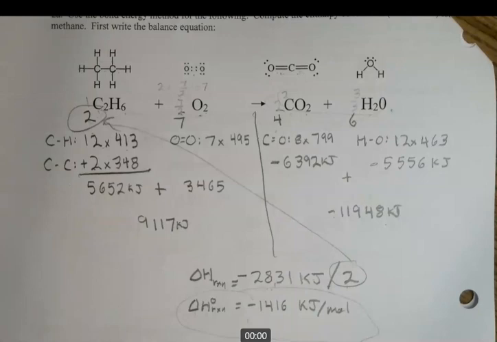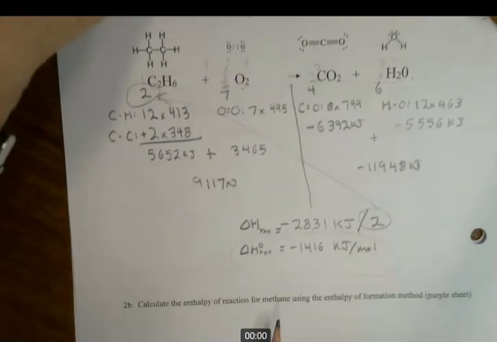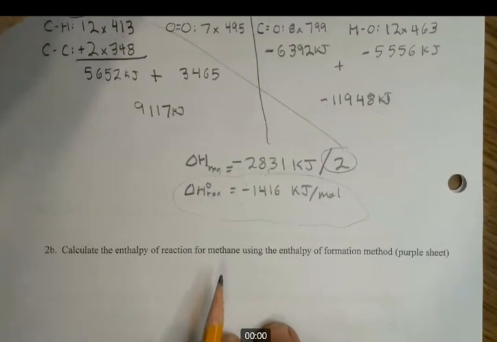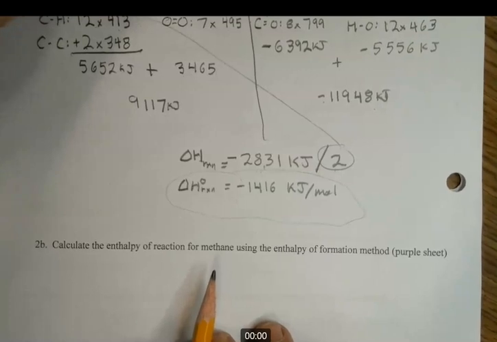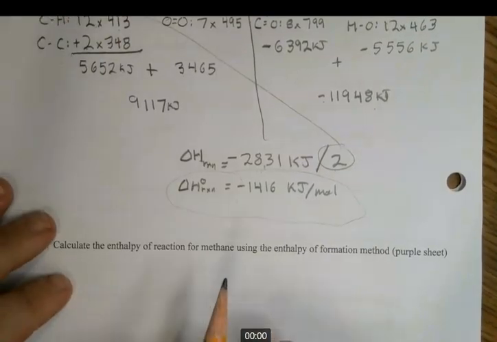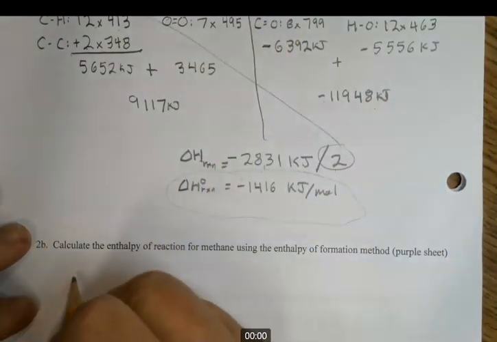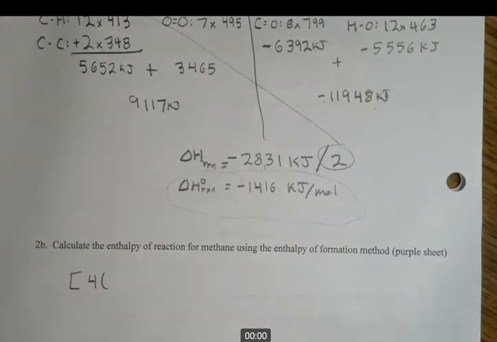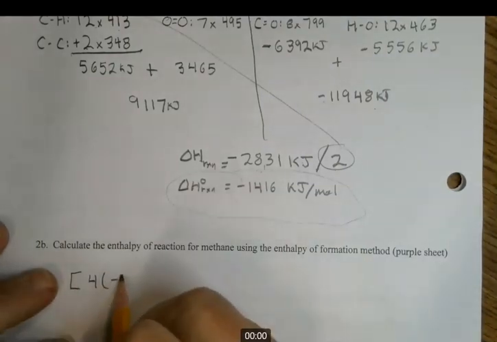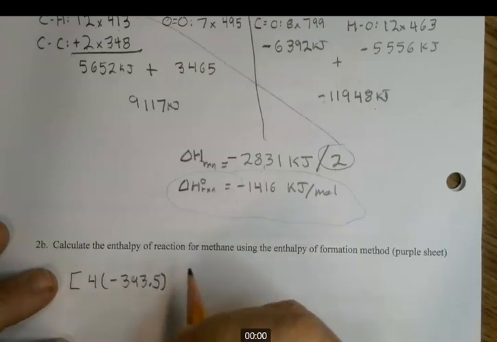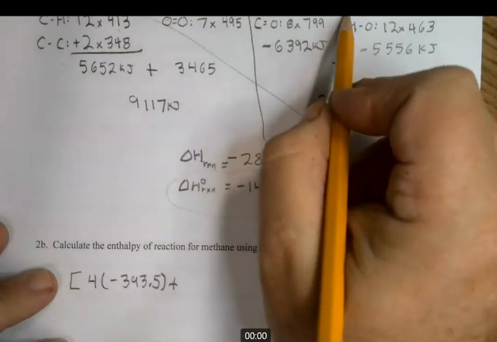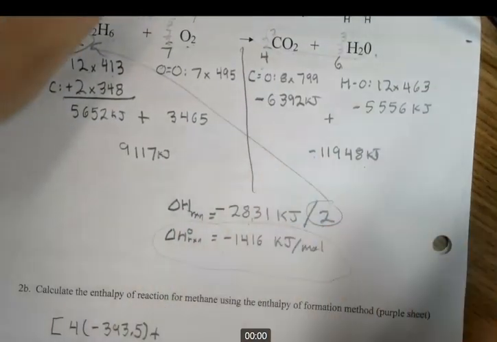All right, now let's go ahead and do this, and it is going to be, well, I tell you what, let's just do it with 2 moles. Okay, so we got 4 moles of CO2, so there's my big block, 4, and CO2 is negative 393.5, plus we have 6 of water up here.